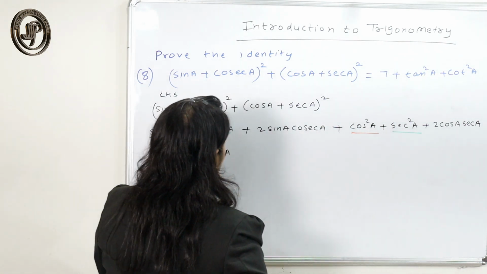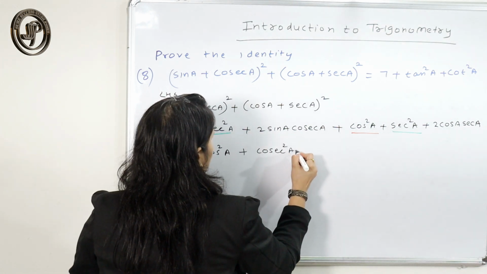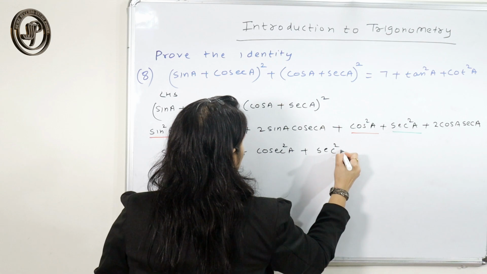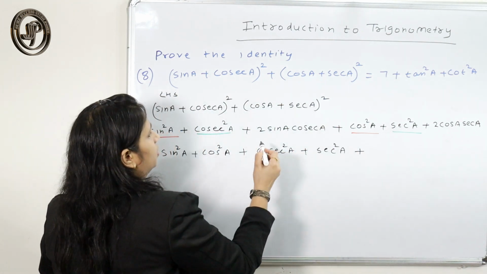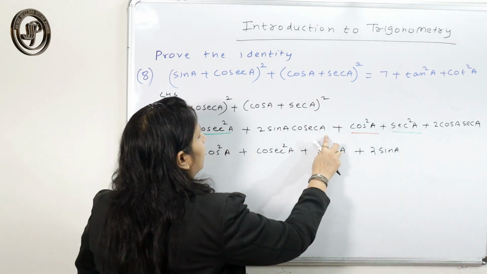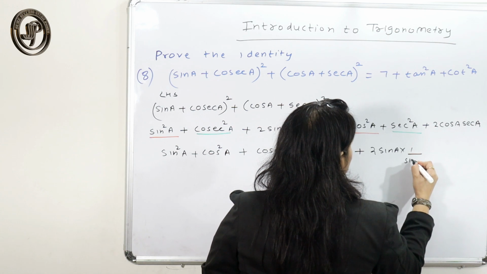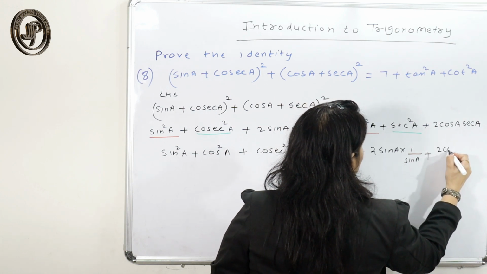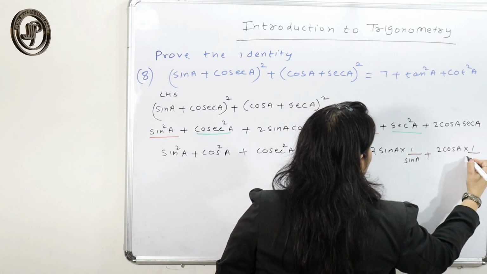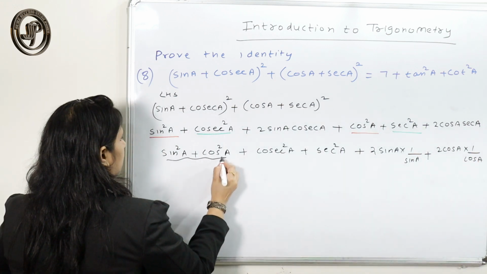So what can I write? Cosec square A plus sec square A plus this 2 sin A, I can write cosec A as 1 by sin A, plus 2 cos A, and I can write sec A as 1 by cos A.